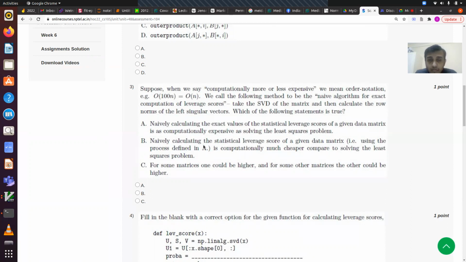We call the following method to be the exact computation of leverage scores: take SVD of the matrix and then calculate the row norms of the left singular vectors. Which of the following is true? They're talking about singular value decomposition of the matrix, sir.